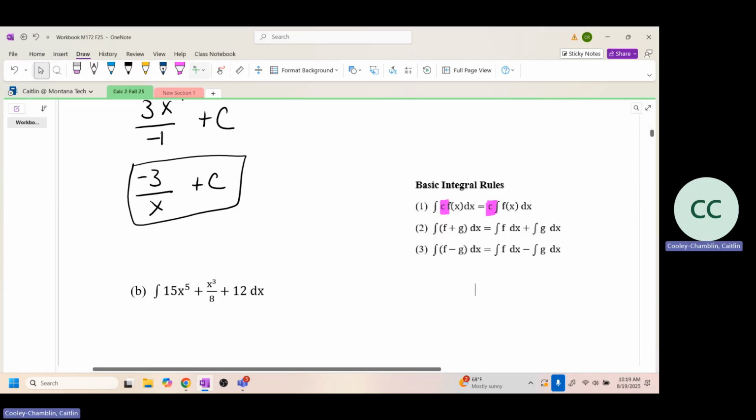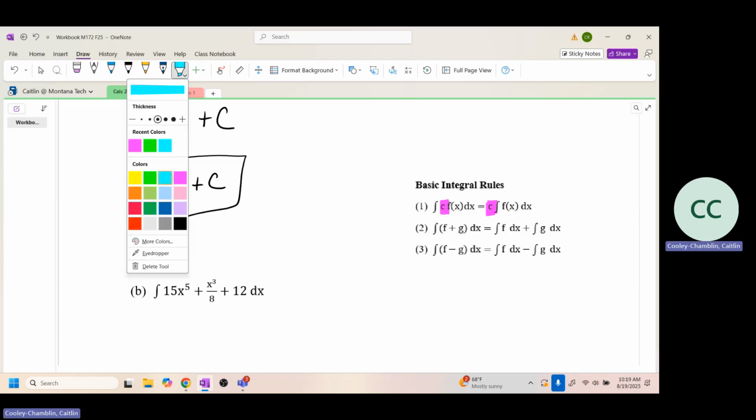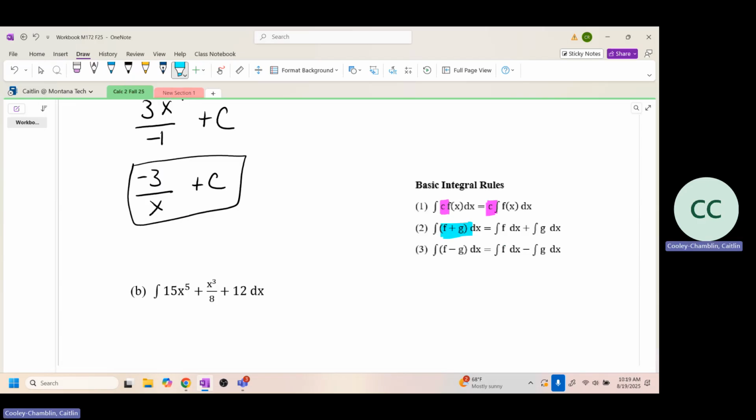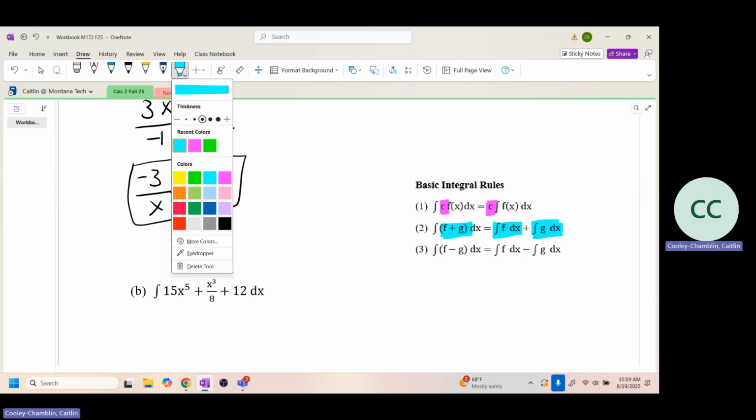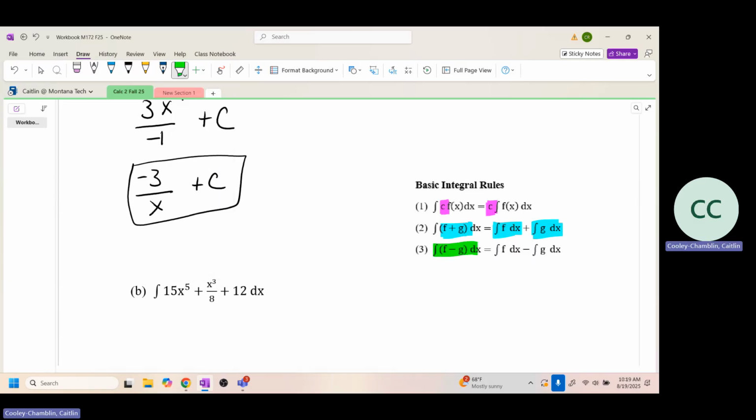The other one says if we have functions that are added together, we can just separate them: the integral of one function dx plus the integral of the other function dx. Same thing with subtraction. If I have two functions being subtracted from each other, we can say our first function minus our second function.